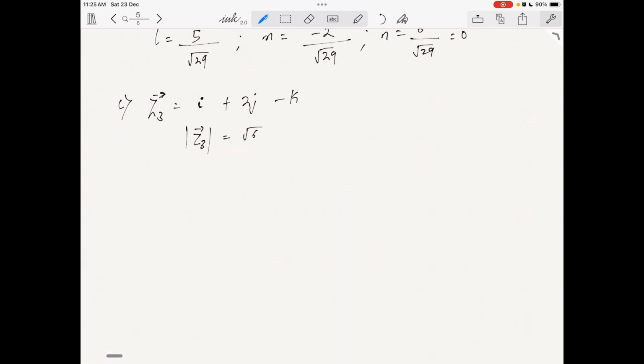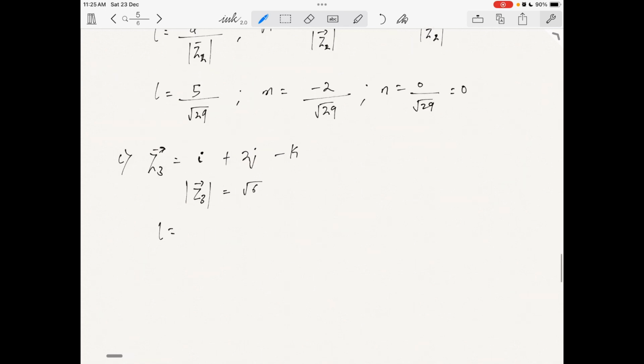Our l will be equal to a divided by modulus of z3, m will be equal to b divided by modulus of z3, and n will be equal to c divided by modulus of z3.